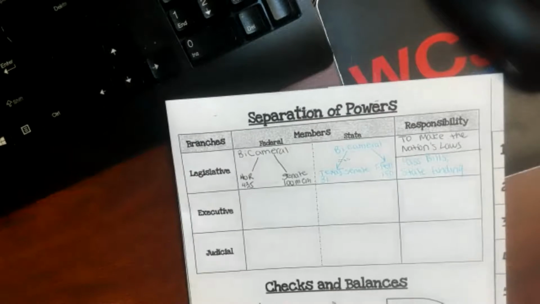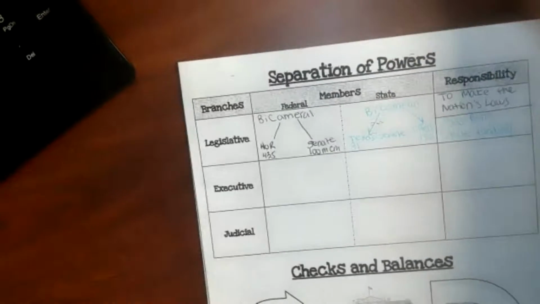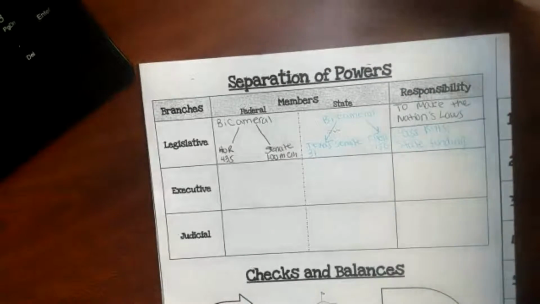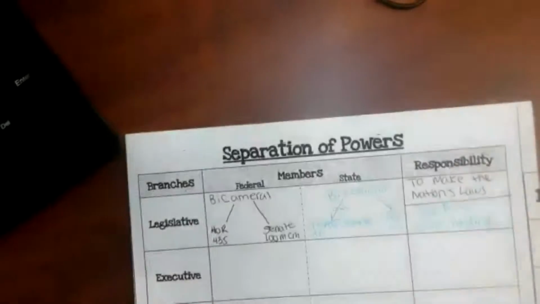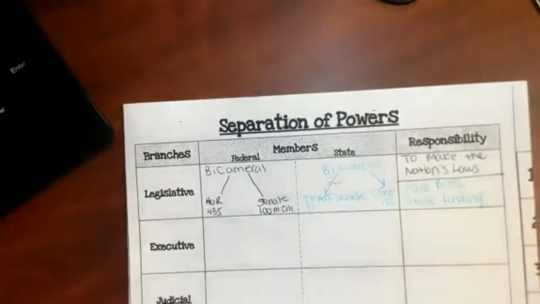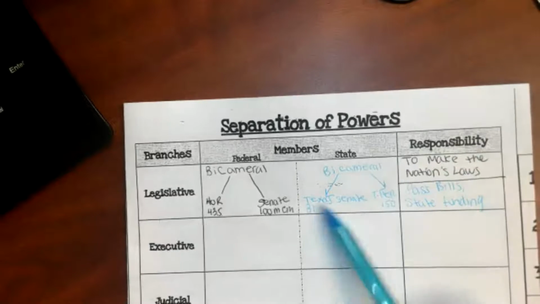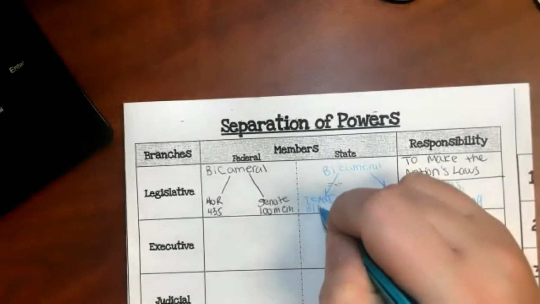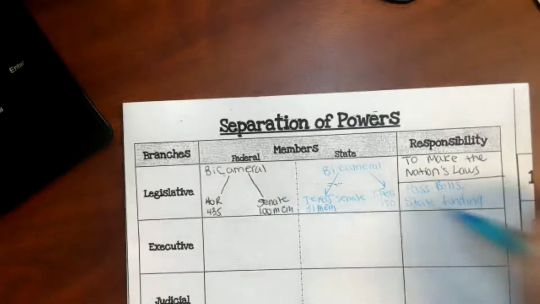Okay, so you have your bicameral system, and you have the Texas Senate with 31 members, and then the Texas House of Representatives with 150 members.